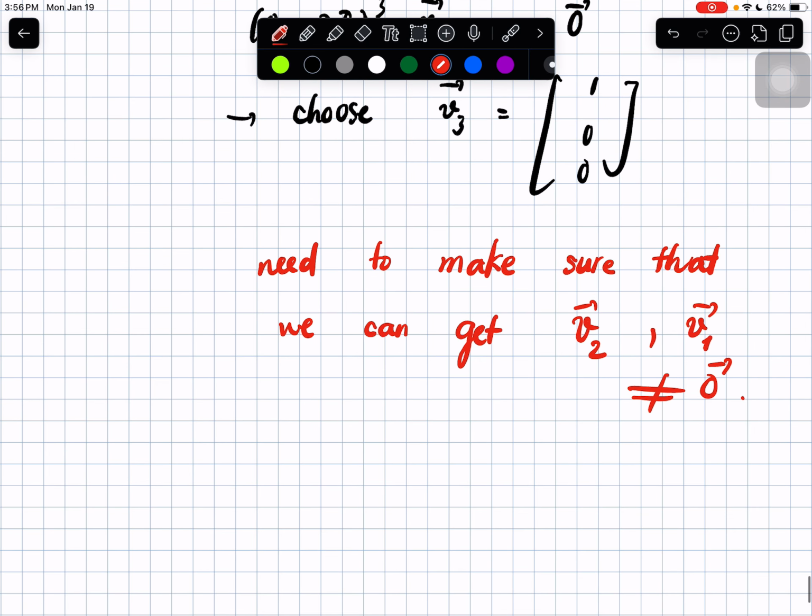Now v3 is that, so v2 can be computed as A minus lambda I times v3.